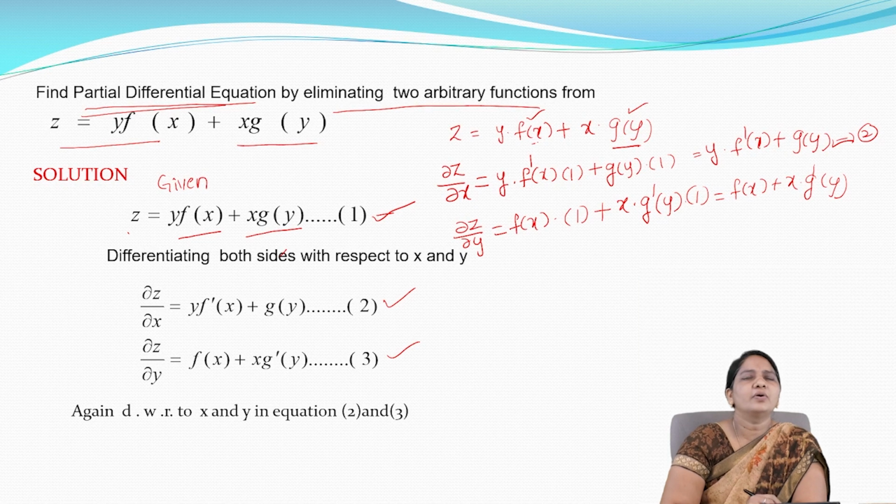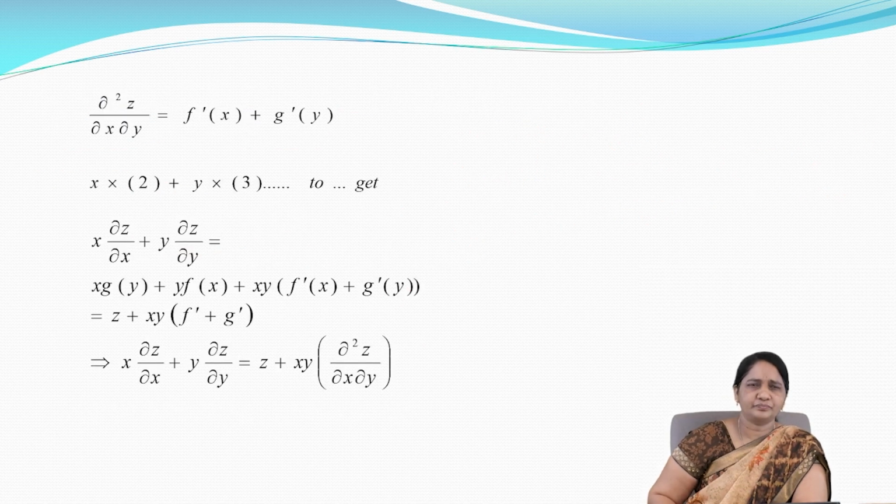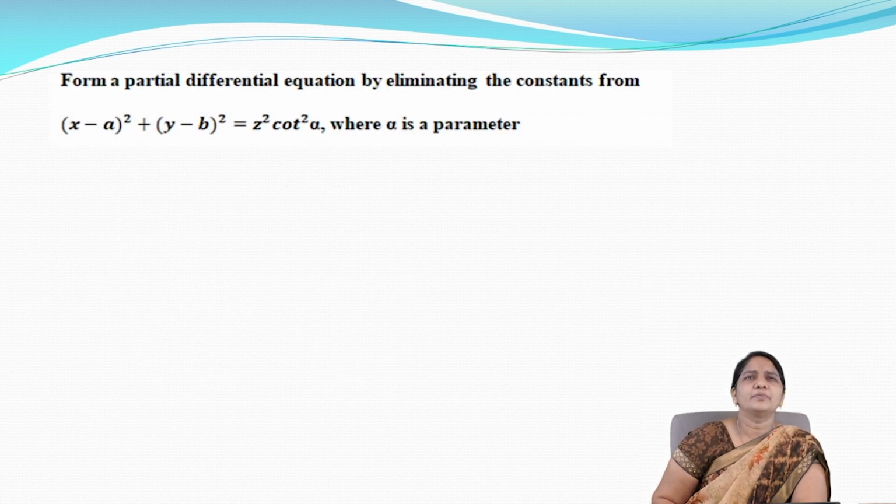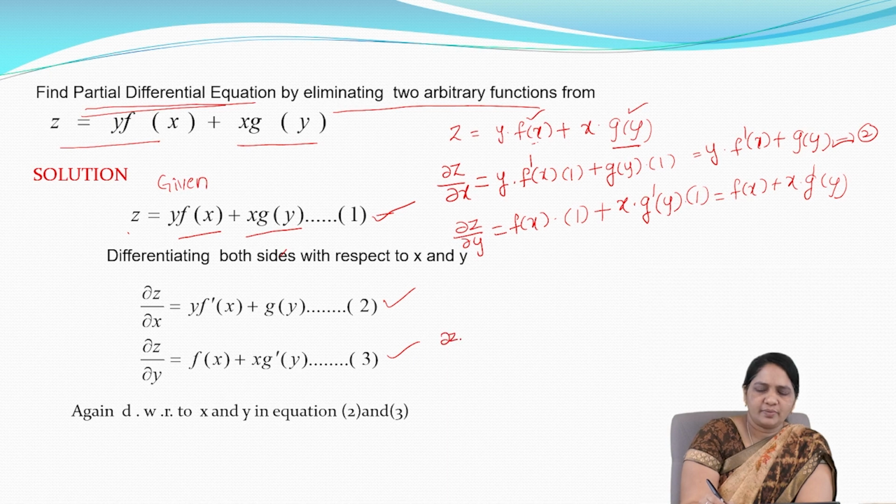Here again, we can differentiate with respect to x and y in equations 2 and 3. We can observe here dou z by dou x equal to y into f dash of x plus g of y.